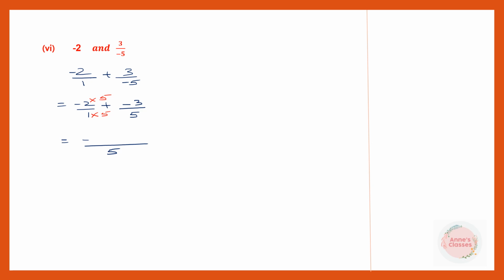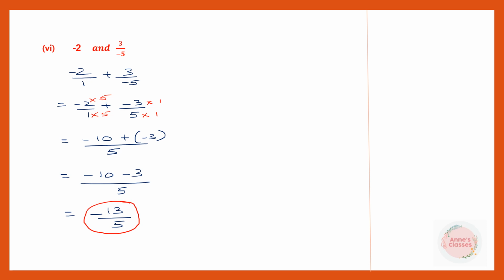That becomes minus 10 plus. Now here we have 5 into 1. So minus 3 into 1 is minus 3. Now let's remove the brackets. Minus 10 minus 3 by 5. Minus 10 minus 3 is, put the same sign and you add. 10 plus 3 is 13. Minus 13 by 5. This is our rational number, which is our final answer here when we add it in this way.